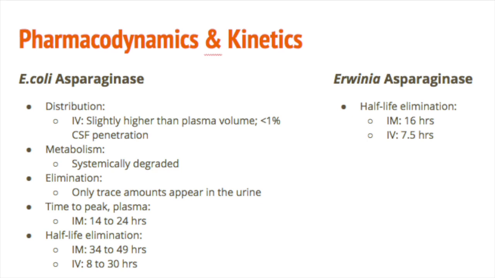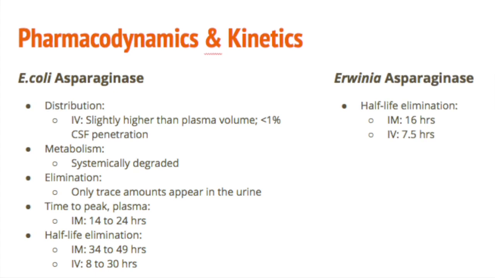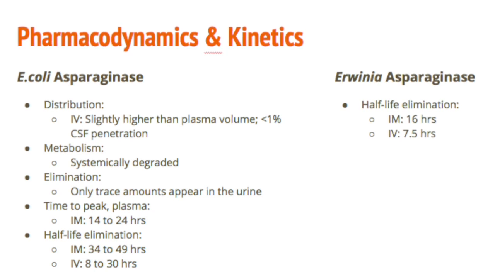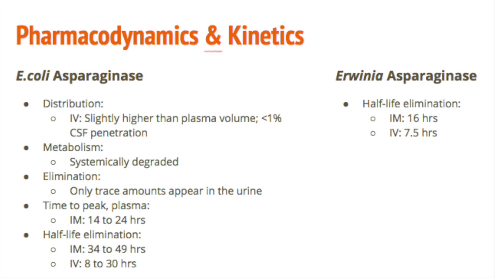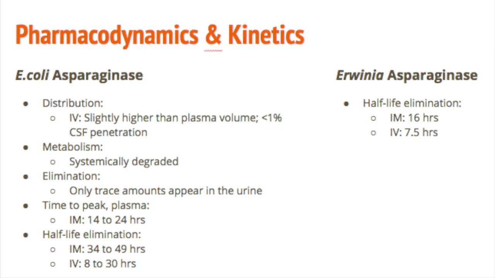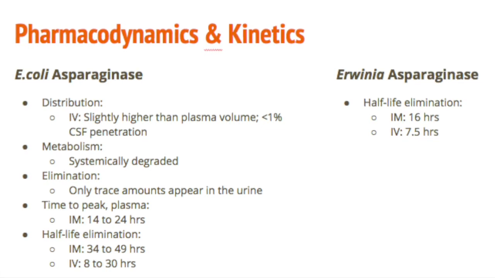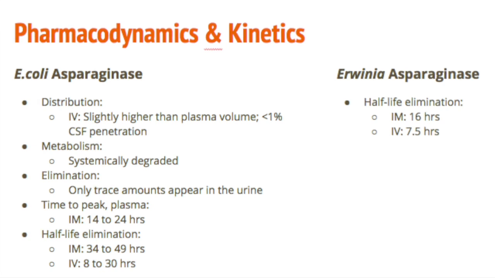Now let's discuss the pharmacokinetics and dynamics of E. coli asparaginase. The distribution of IV is slightly higher than plasma volume with less than 1% CSF penetration. Its metabolism is systemic degradation, and only trace amounts of the dose appear in the urine.